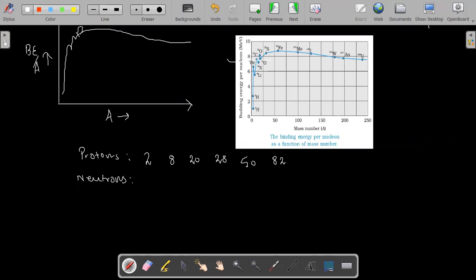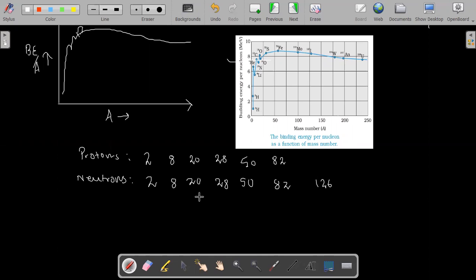Similarly, for neutrons we can have 2, 8, 20, 28, 50, 82, and 126, because there are elements which have 126 neutrons, but there are no elements with 126 protons.